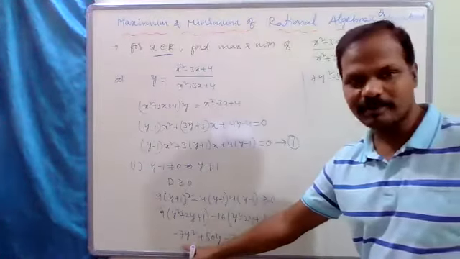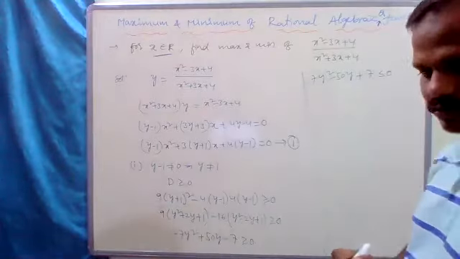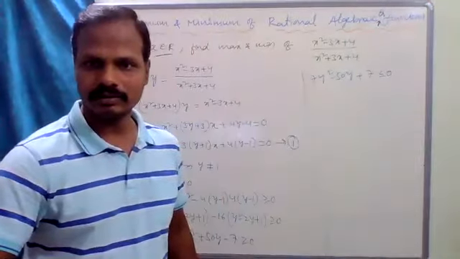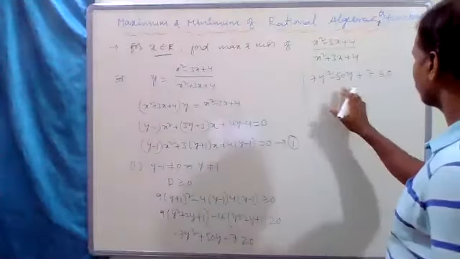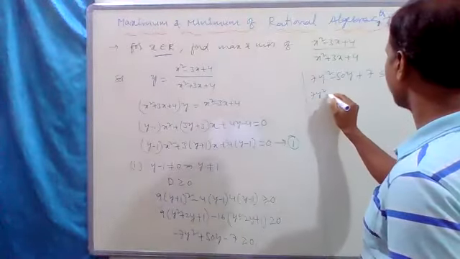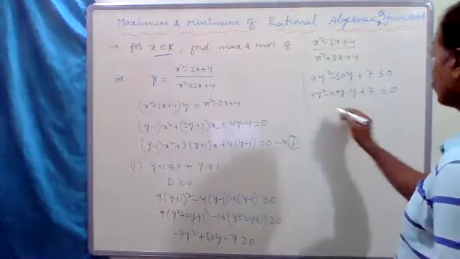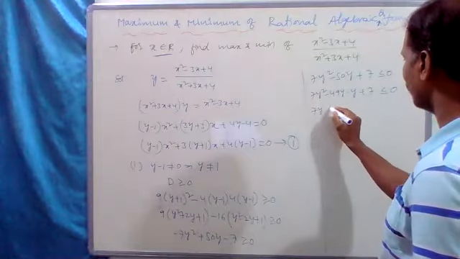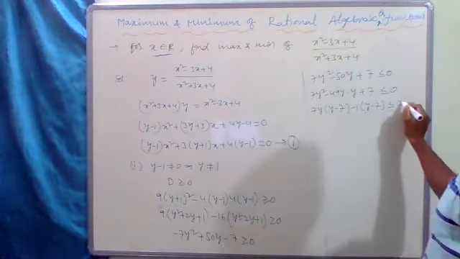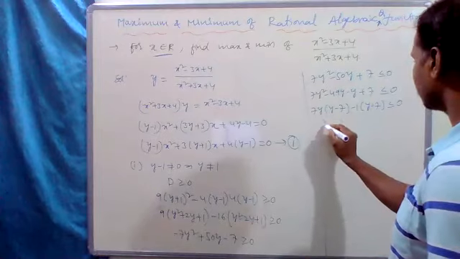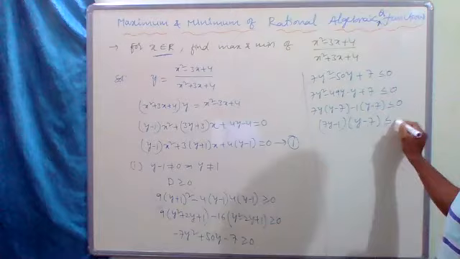Now this is 7y square minus 49y minus y plus 7 less than or equal to 0. So 7y into (y minus 7) minus 1 into (y minus 7) is less than or equal to 0. So that is (7y minus 1) into (y minus 7) less than or equal to 0.